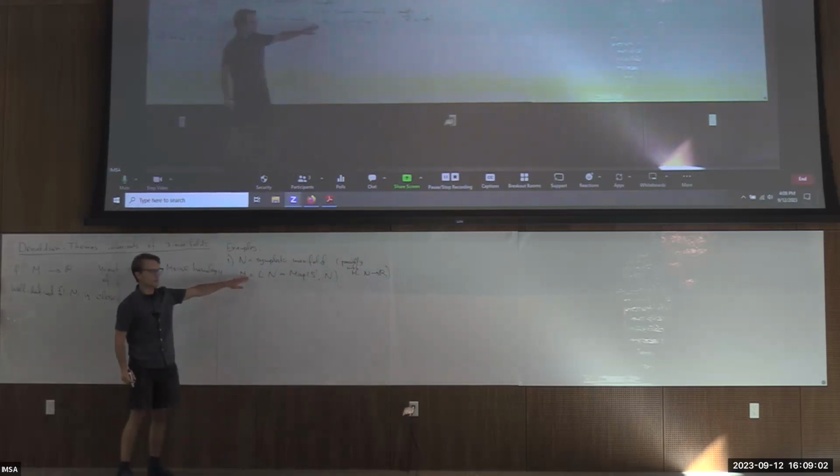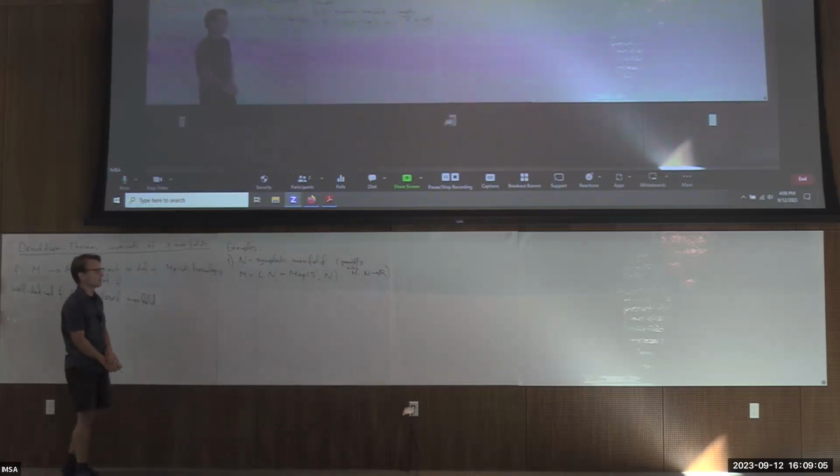In this case, on the space of loops, there's a natural function that's called the symplectic action functional.